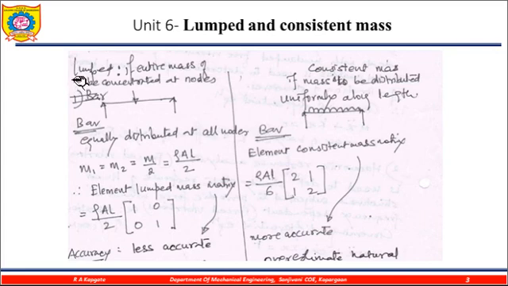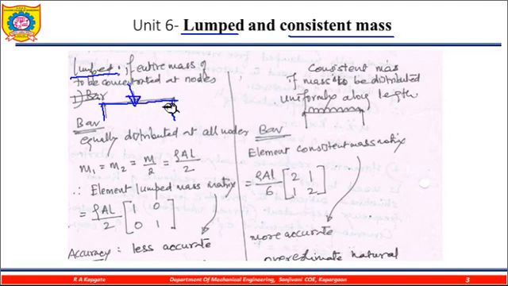Now again there are two concepts: the lumped mass force and the consistent mass force. So you have two terms, the lumped forces or the consistent masses applied on a bar. Let us take that a lumped bar means a single bar which is simply supported and a point load is applied.